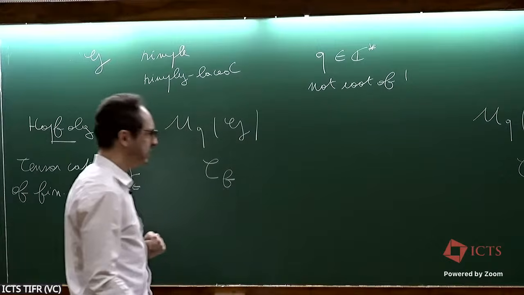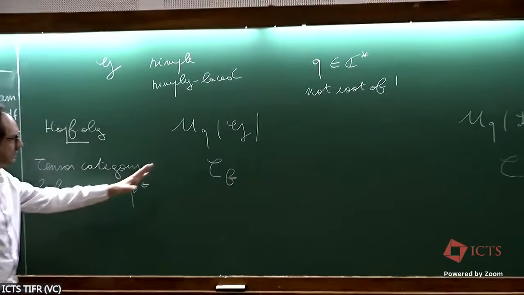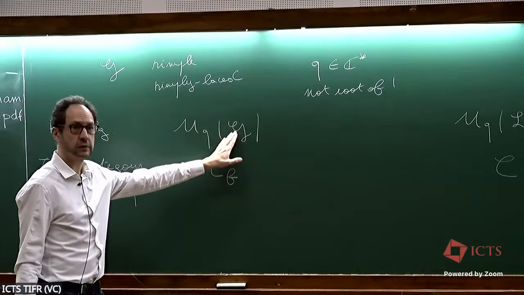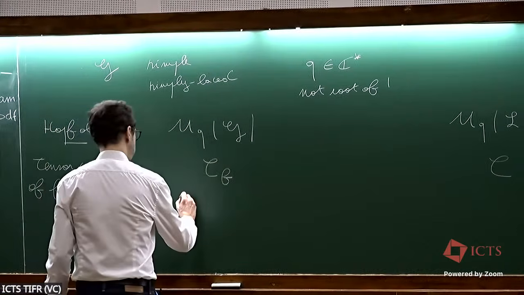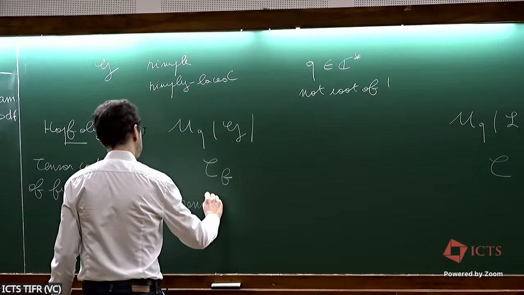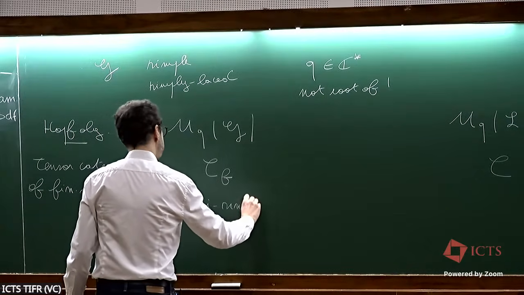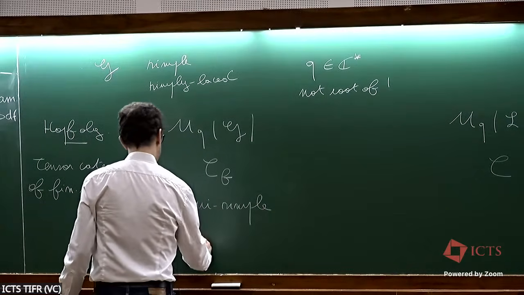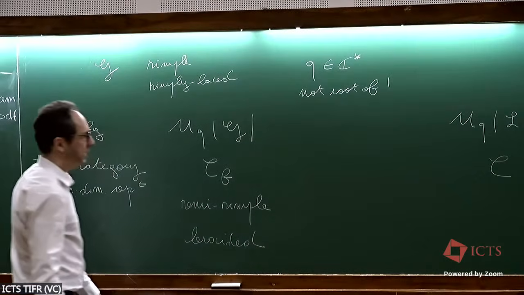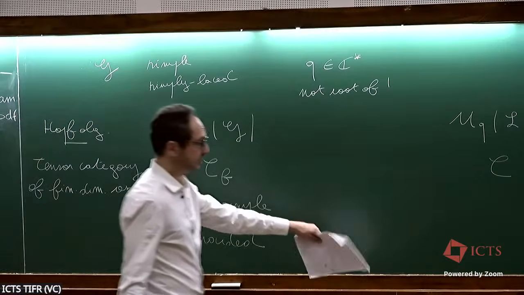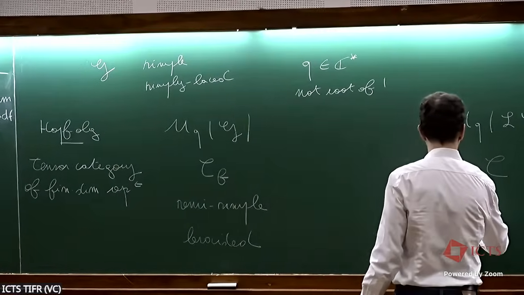In this case, it's very similar to the representation theory of G. So it is a semi-simple category, braided. And this one is not. It's not semi-simple, not braided.